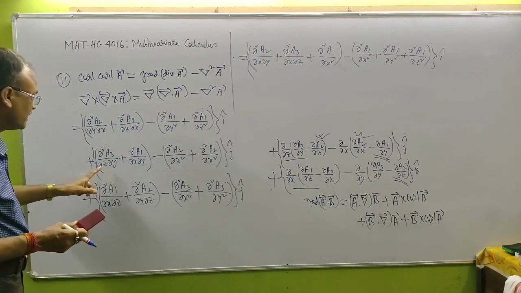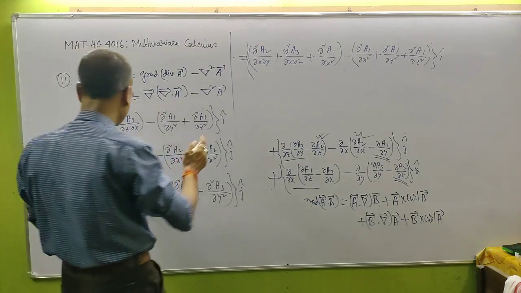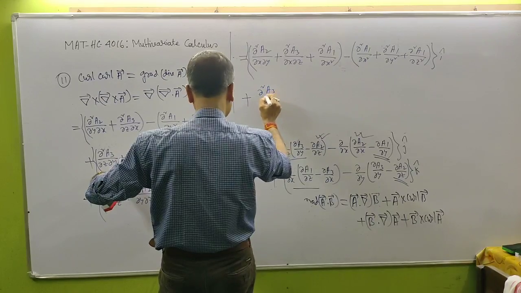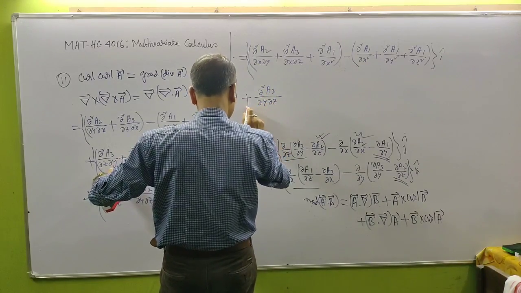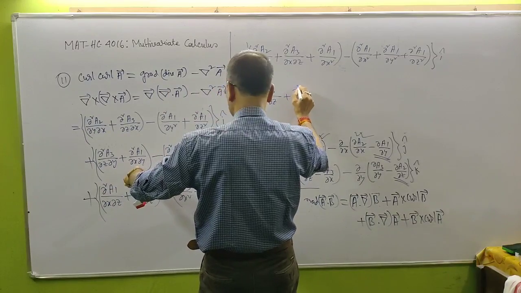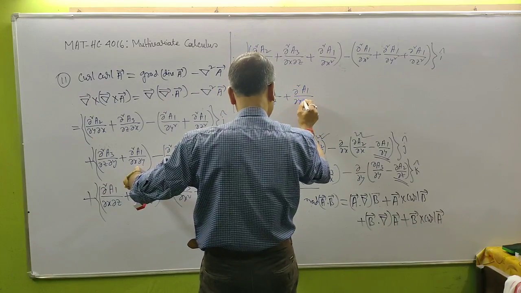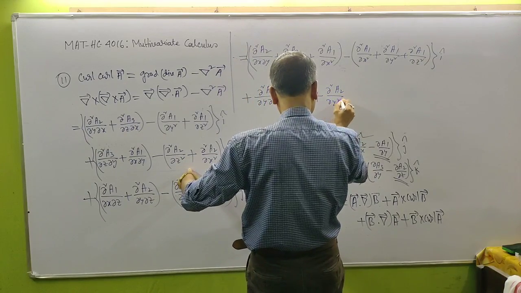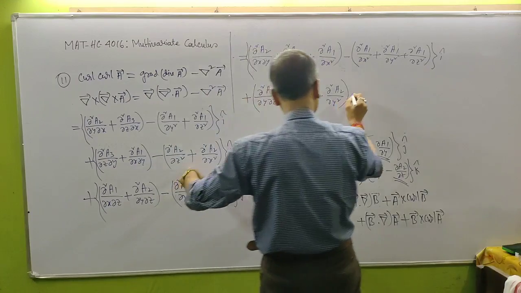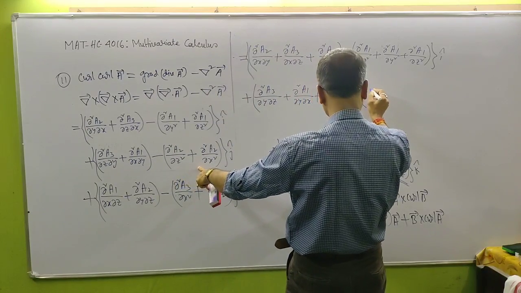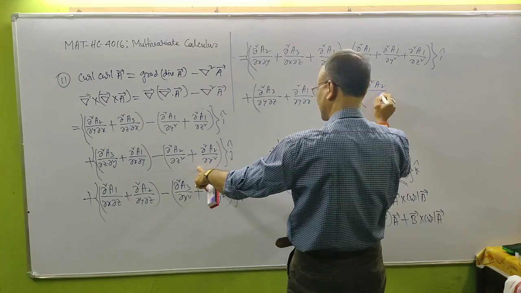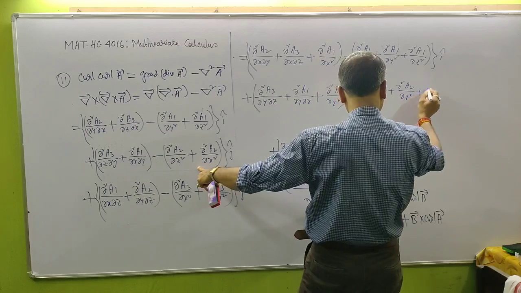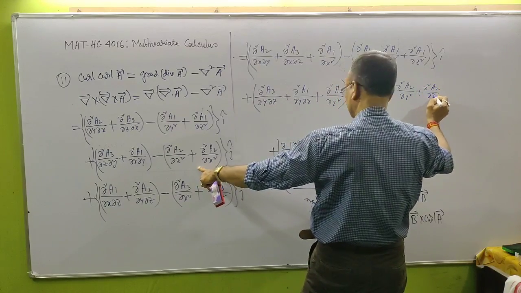Now for this plus you should write del square A3 by del y del z plus del square A1 by del y del x plus del square A2 by del y square, minus here del square A2 by del x square plus del square A2 by del y square plus del square A2 by del z square.